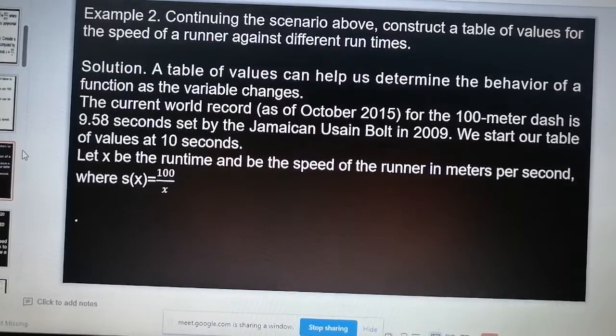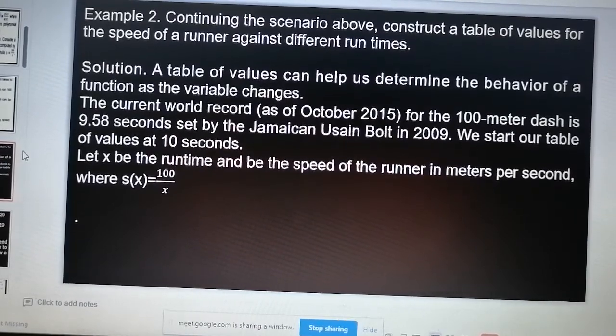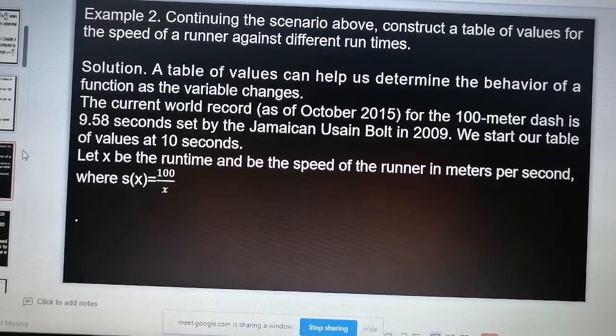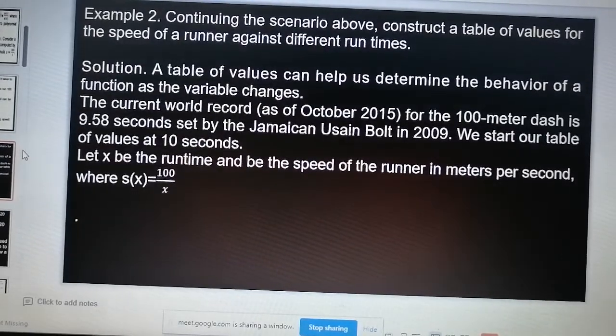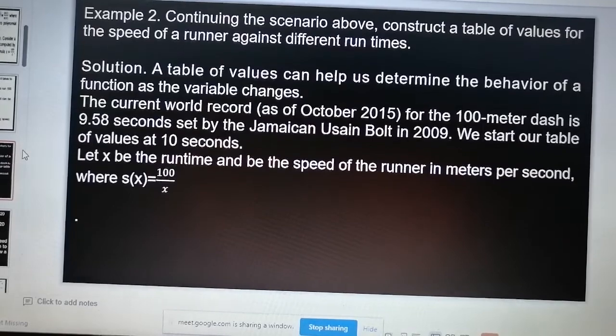Solution: a table of values can help determine the behavior of the function as the variable changes. The current world record as of October 2015 for the 100-meter dash is 9.58 seconds, set by the Jamaican Usain Bolt in 2009. We start our table at a value of 10 seconds.